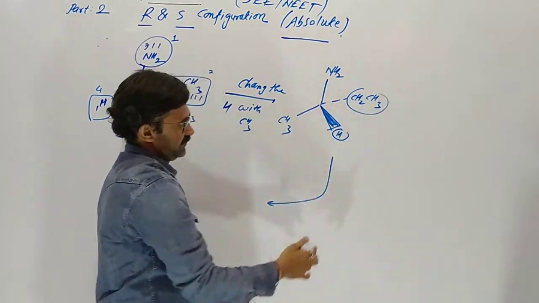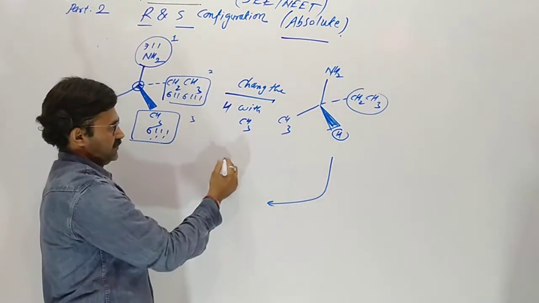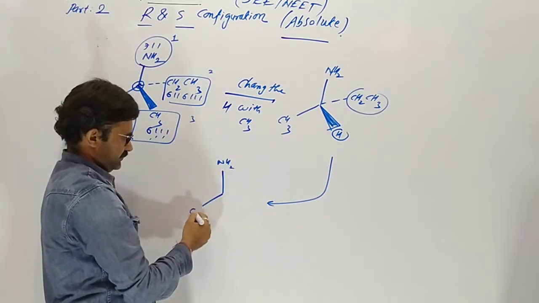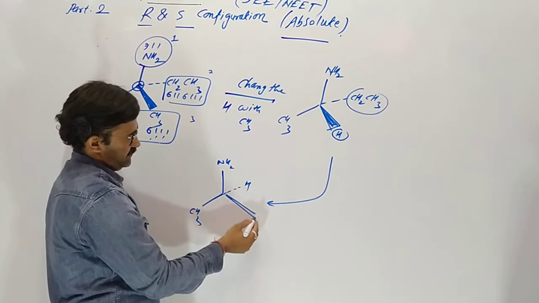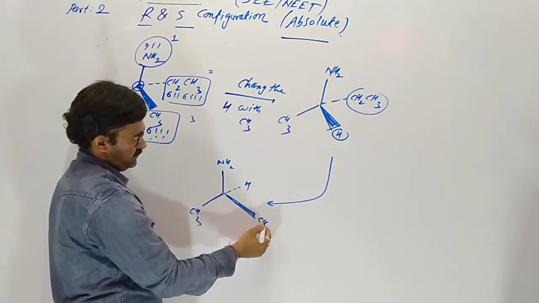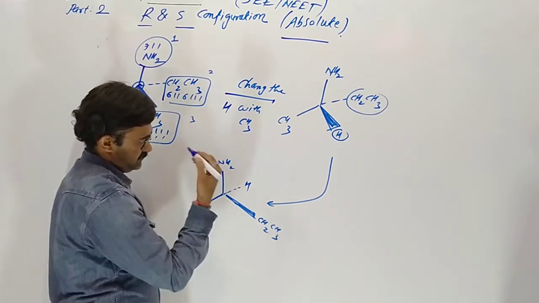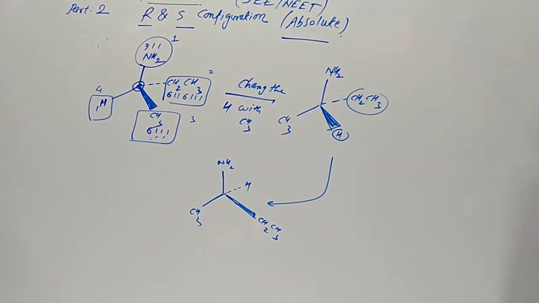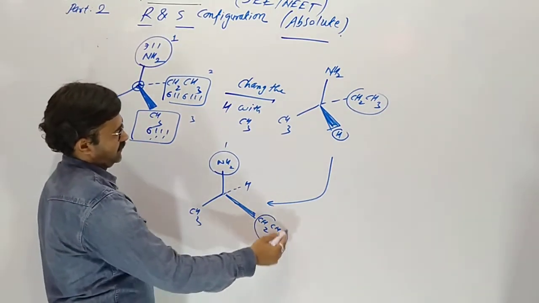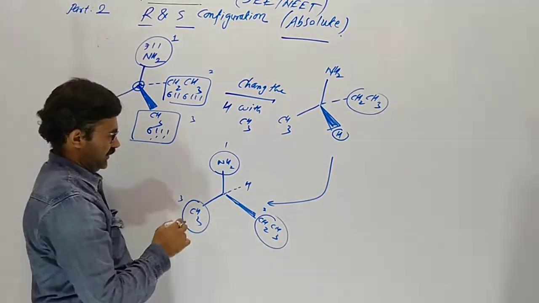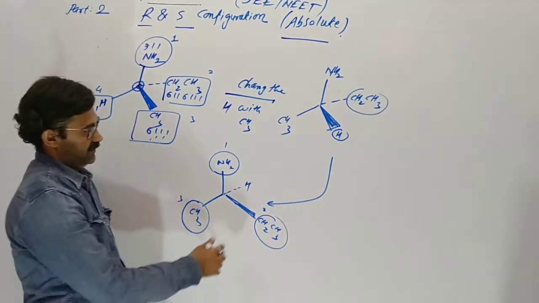Yes, both are now in adjacent positions, so we can change. So after changing this, ethyl comes here. You can see, now our order is 1 of amino, 2 of ethyl, 3 of methyl, and hydrogen.